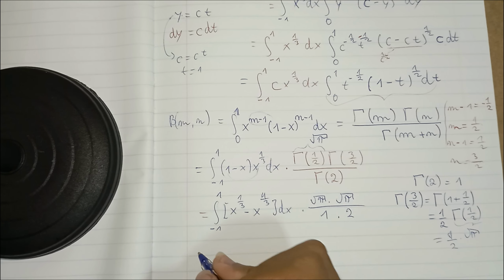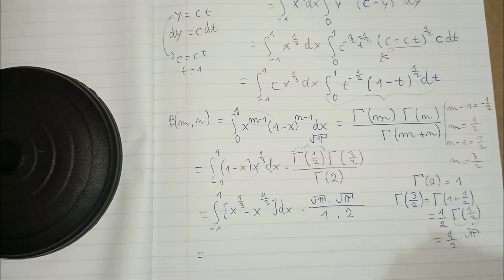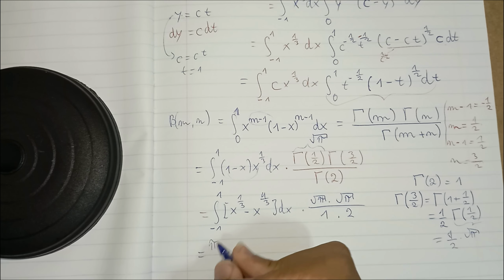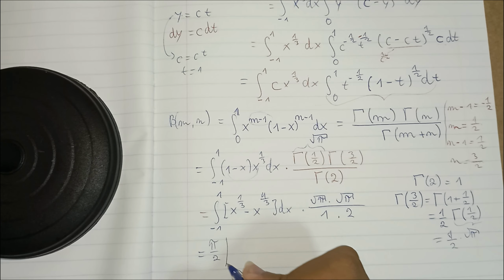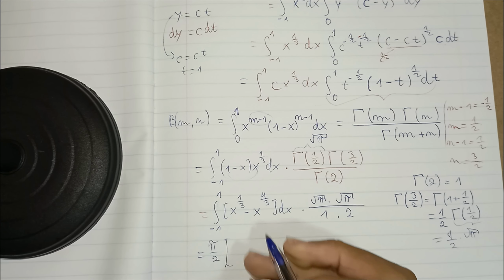Good. So here we get pi over 2, right? Pi over 2.